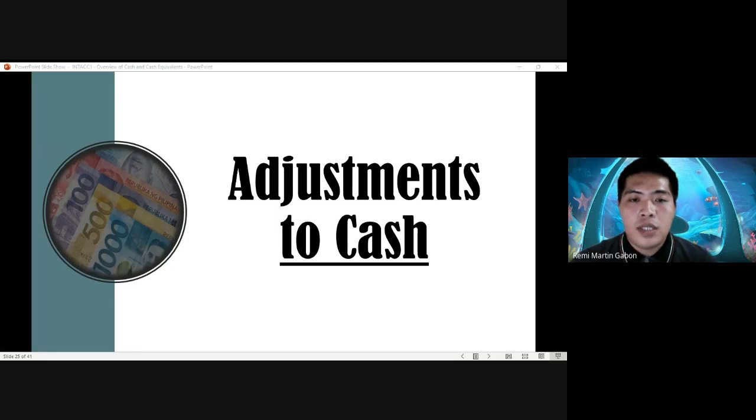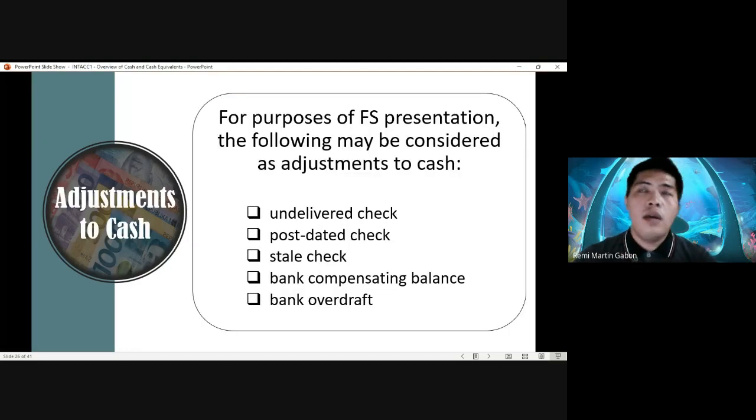So, adjustments to cash. We all know that our goal for FS presentation is to come up with the quality of reporting. Now, for FS presentation in relation to cash, or also related to other balances in the FS, our goal is to meet the principle of faithful representation.